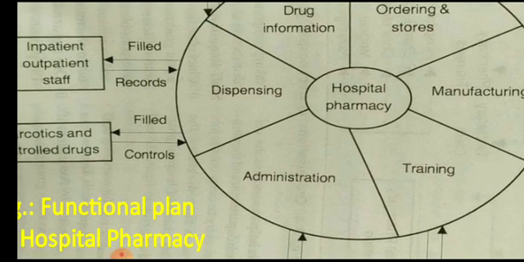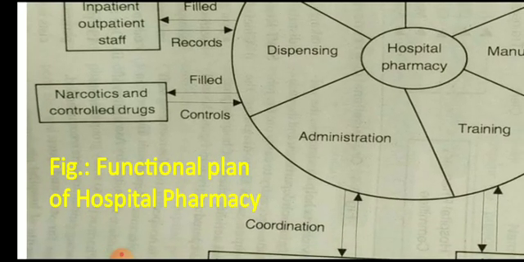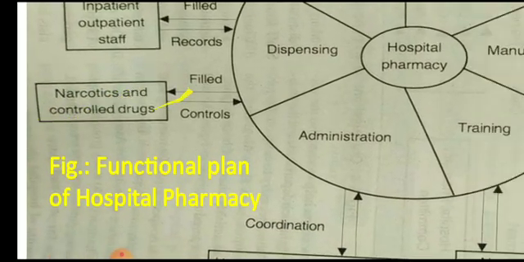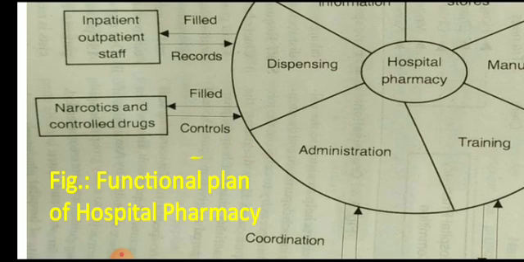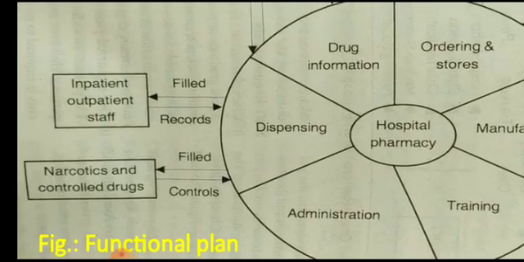The dispensing, filled orders and records have to be maintained properly. Then the narcotics and all the drugs which are under control, which are called controlled drugs, and psychotropic or habit forming drugs, their dispensing should be properly done.